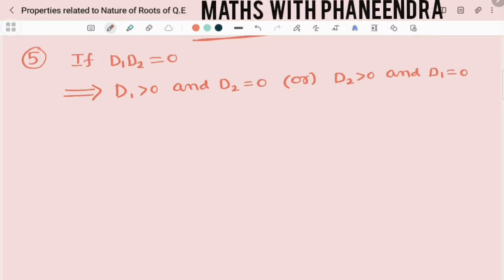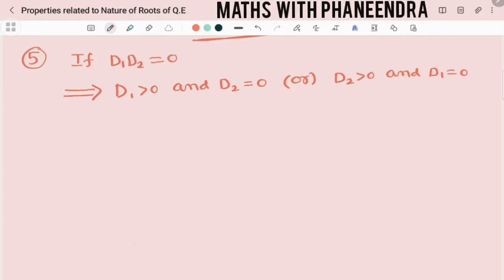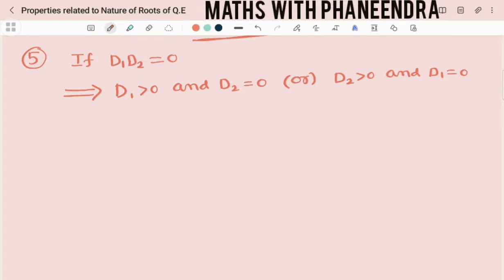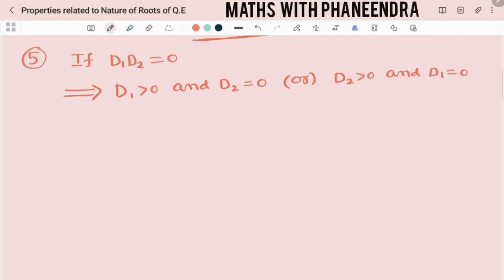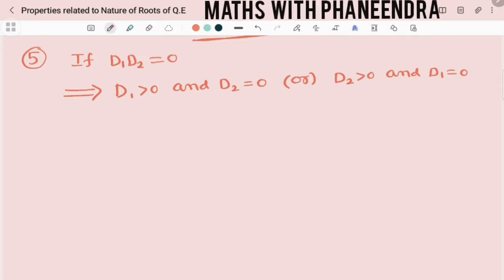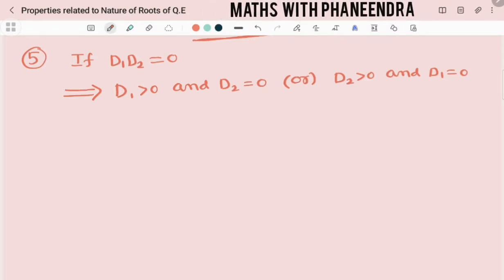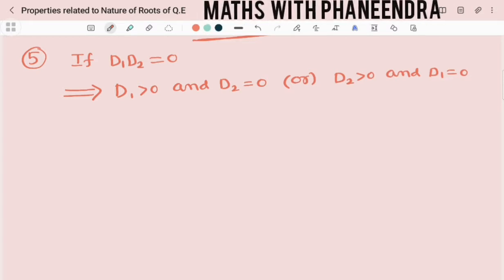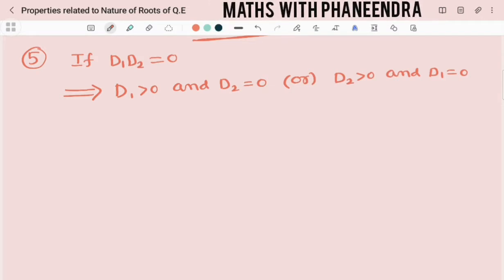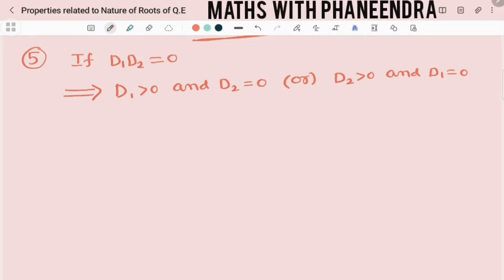In this case, for the quadratic equation, d1 greater than 0 means real roots will come, d2 equal to 0 means equal roots will come. Greater than means real and distinct, equal to means real equal roots.